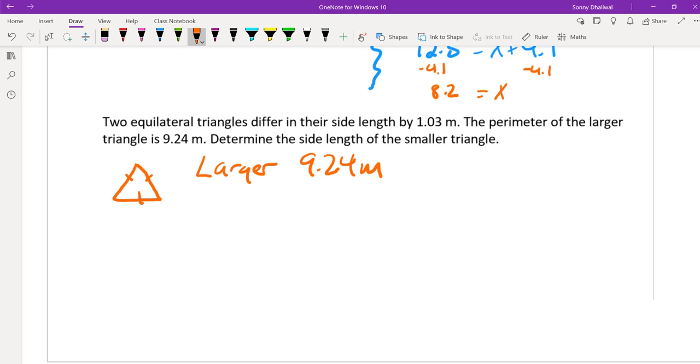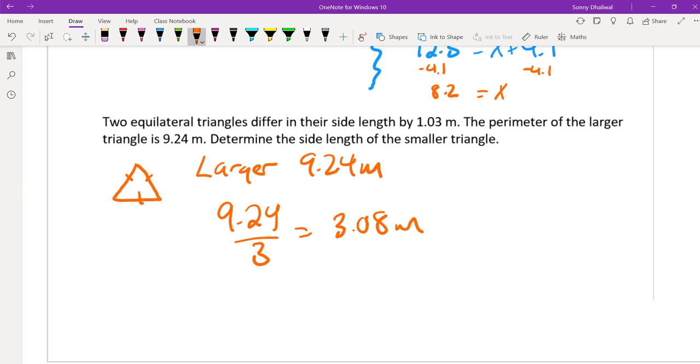Okay. So we're comparing sides of the triangle. If the perimeter of the larger triangle is 9.24, how big is one side of the triangle? 3.08. How did you get that? Divided by 3. Then it has 3.08 meters, right?